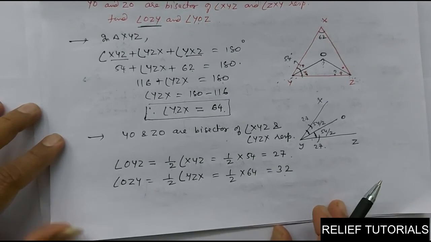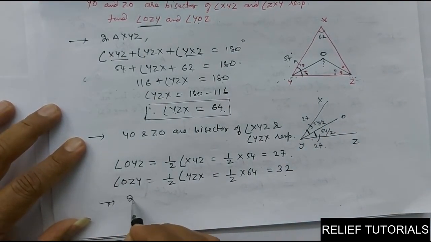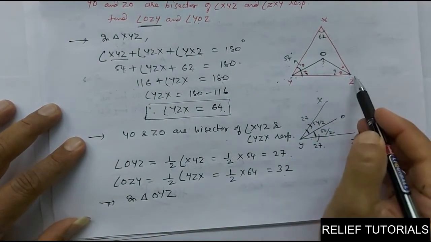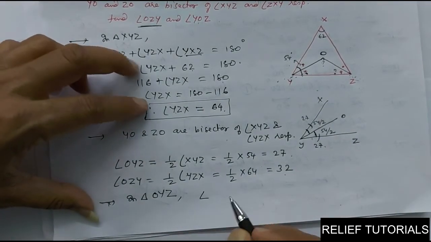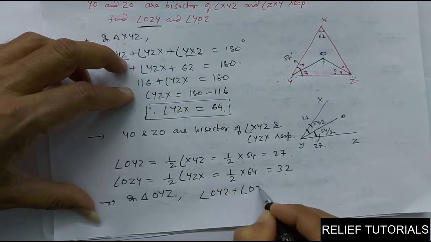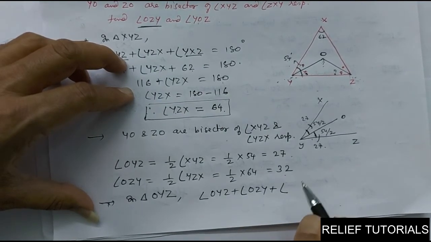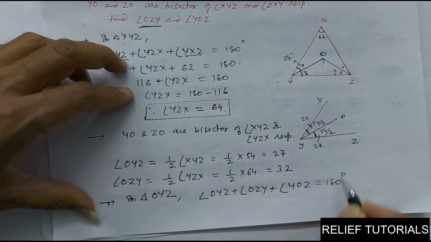For that, in triangle OYZ, we have two angles, so we can find the third angle. Angle OYZ plus angle OZY plus angle YOZ is equal to 180.